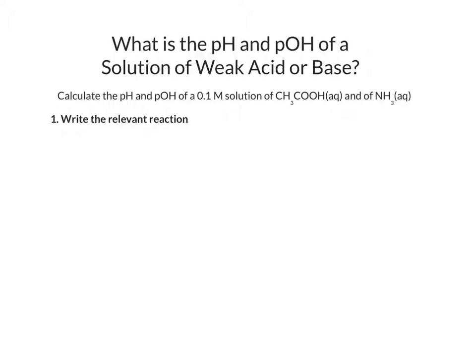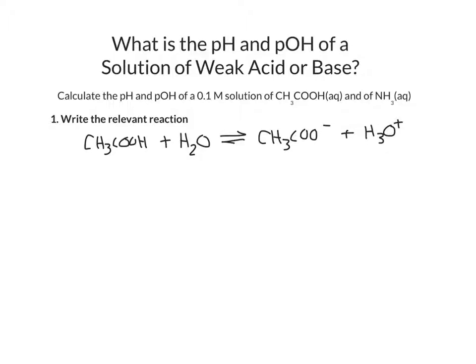So if we have a solution of acetic acid that is aqueous, then we are taking acetic acid and adding it to water, and it's going to act as an acid because acetic acid is an acid. And so when it acts as an acid, it's going to donate a proton to become the conjugate base, acetate, and the proton that it donates will get donated to the water to form H3O+.